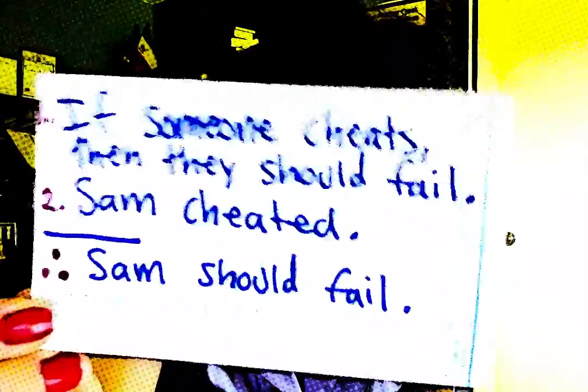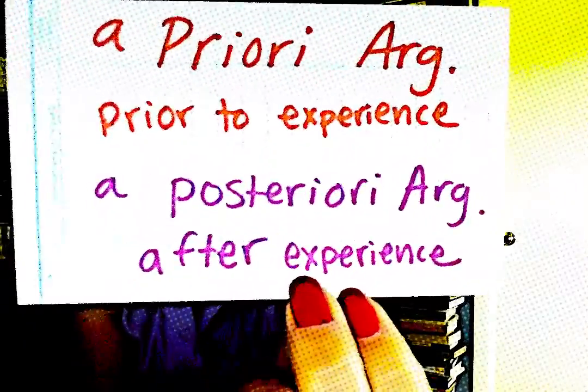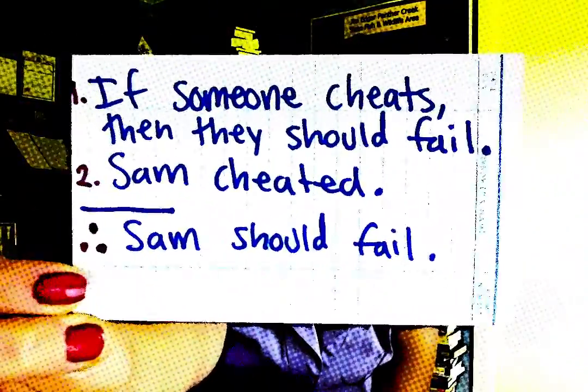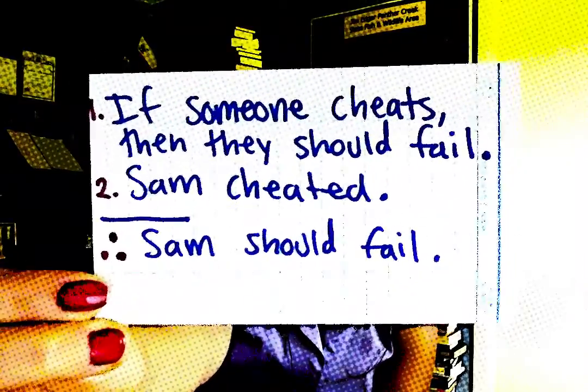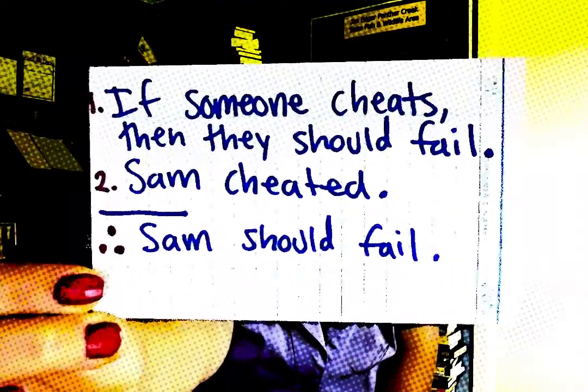Okay, so you go on and you give this same argument. This is going to be a posteriori reasoning. It's an a posteriori argument. If you remember, a posteriori means dealing with after experience in order to verify information or to supply information. If we wanted to test whether this is a true or good argument, we need to look at experience.